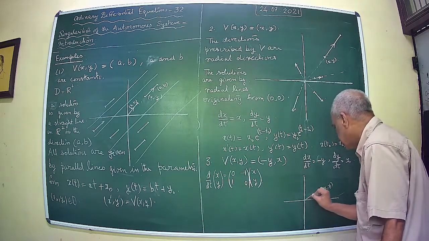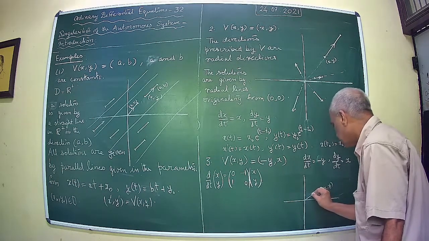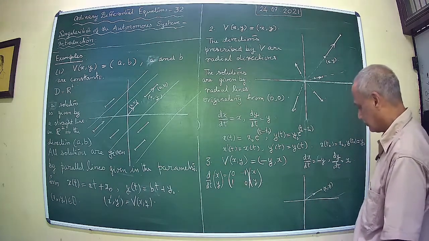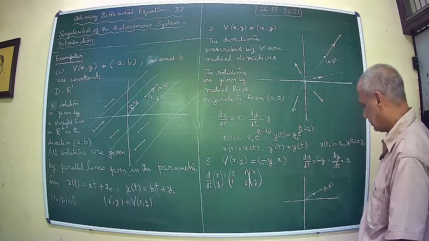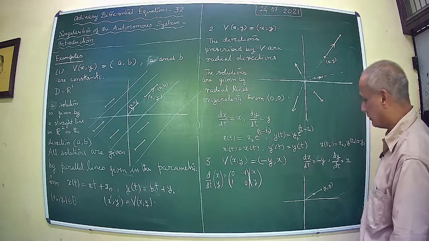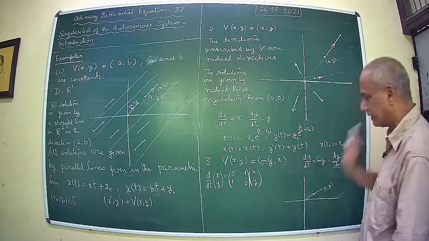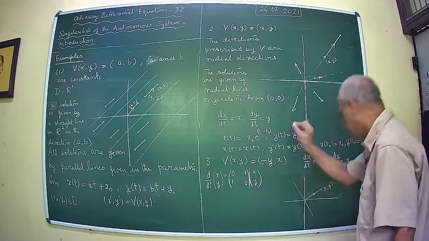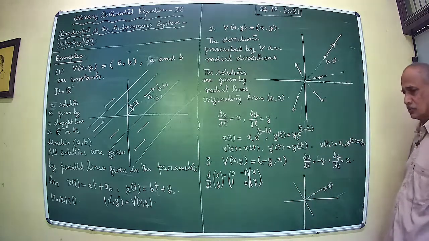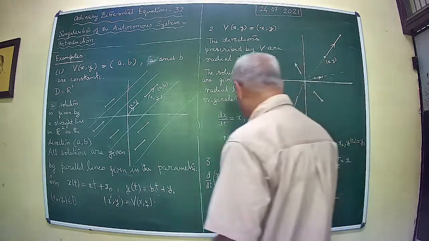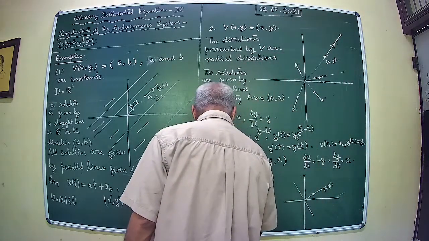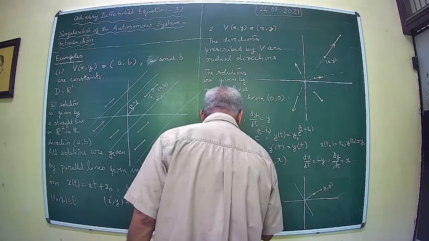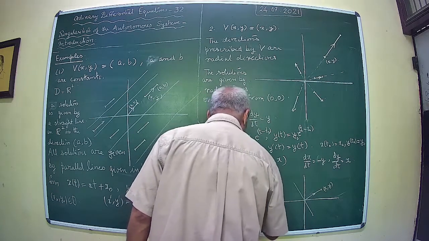Suppose this is the vector (x, y), then (minus y, x) is what? First of all, you observe that (minus y, x) is orthogonal to the vector (x, y). So it is either in this direction or in this direction, because the dot product of (x, y) with this is equal to 0.